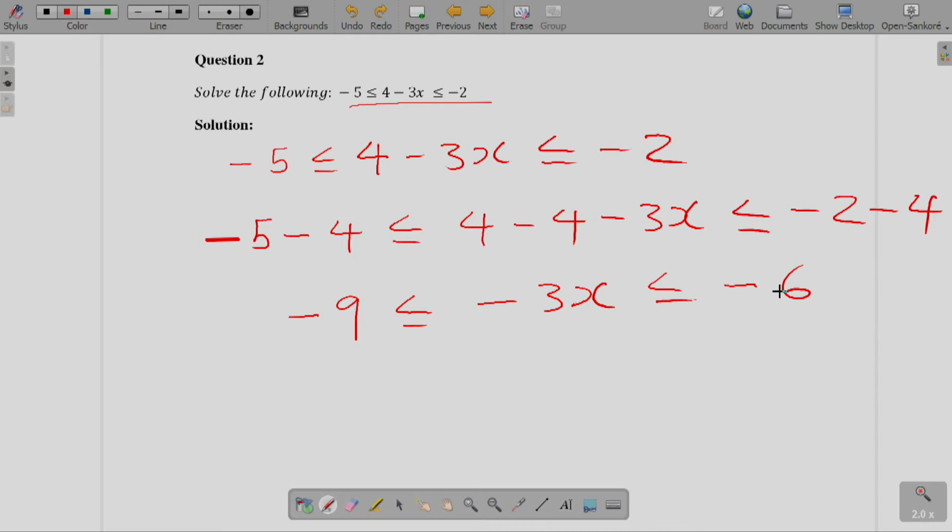The third step is to divide all parts of the inequality by negative 3.